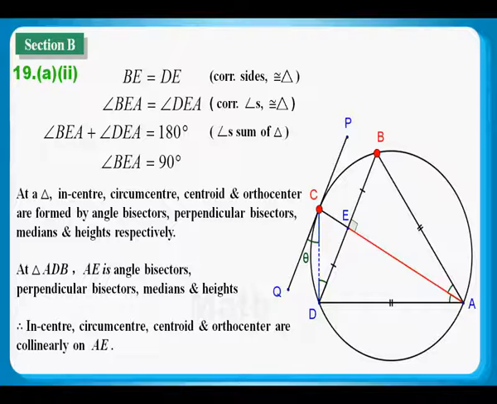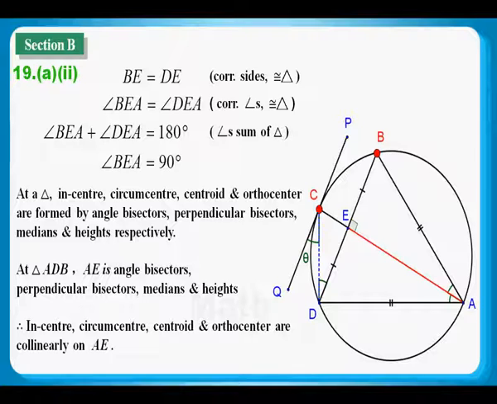In triangle ABD, AE is an angle bisector, a perpendicular bisector, a median, and a height. Therefore, the incenter, circumcenter, centroid, and orthocenter are collinear on AE.